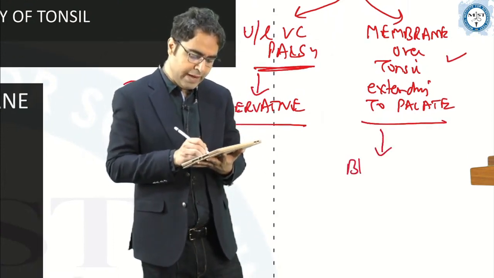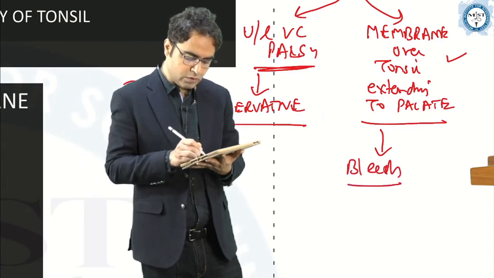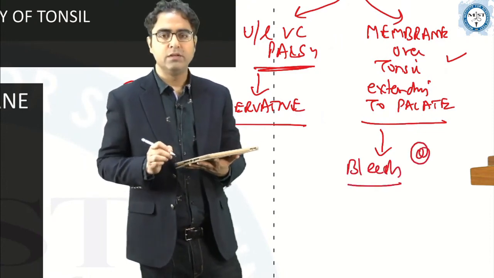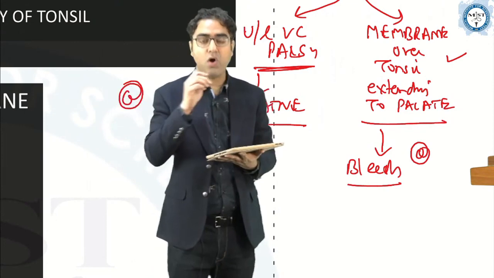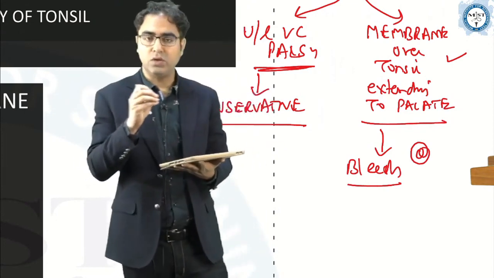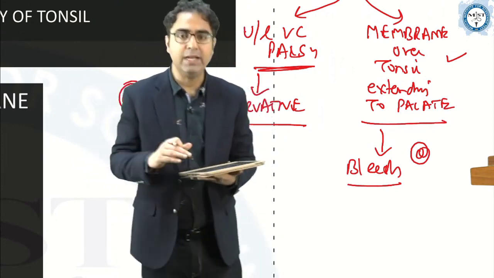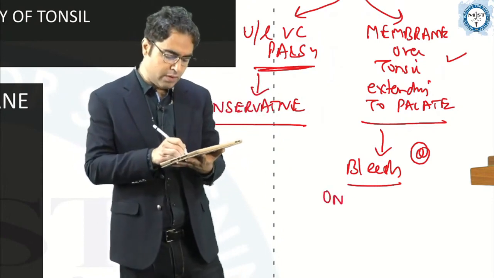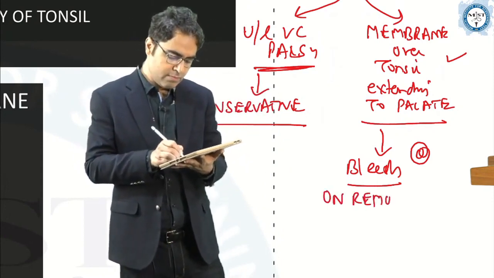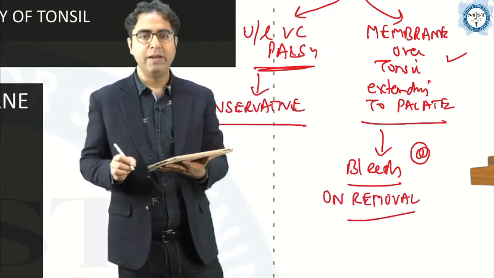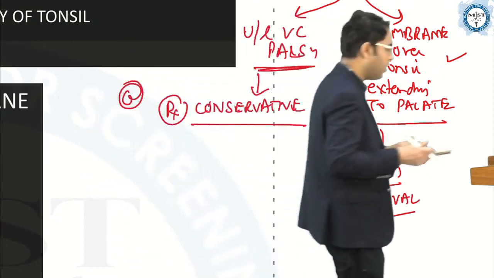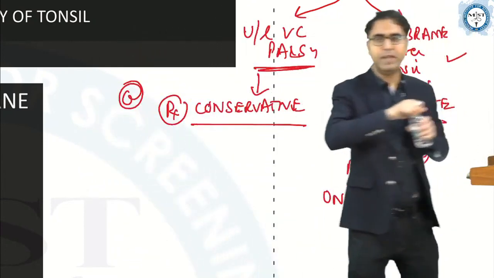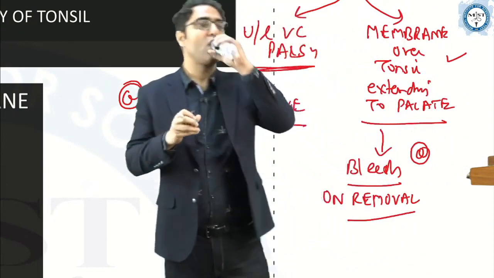And this membrane bleeds on removal. Last year question. The membrane of diphtheria is on the tonsil extending to palate and it bleeds on removal, beta.